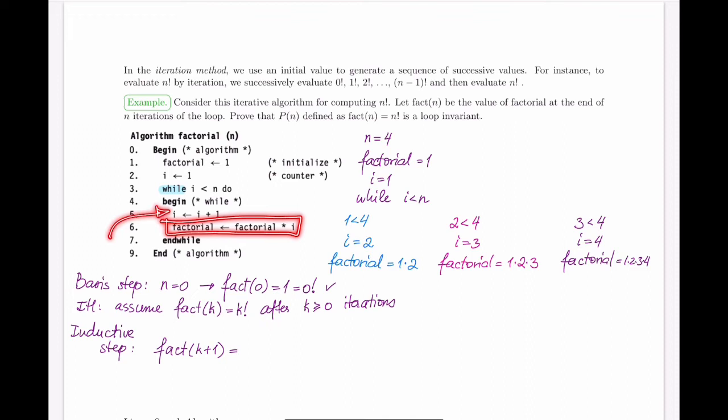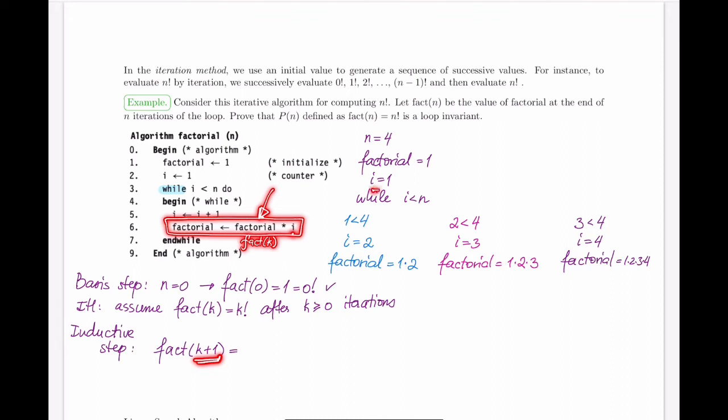Everything else is just iterating over i and checking whether or not I've entered the loop. So if I'm looking at this line, in the k plus first iteration of the loop, I will have computed it as the previous factorial, which would have been the factorial after the k iterations, times the current iteration, times i.